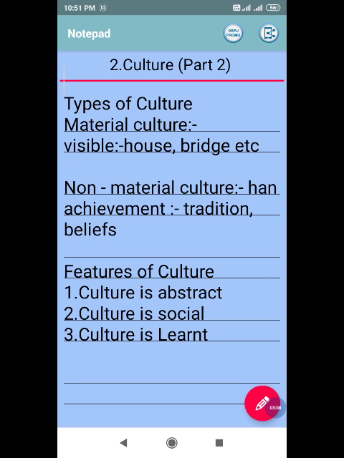Then, material culture is called civilization. Students, material culture is also called civilization. Material culture undergoes change swiftly. Non-material culture means human achievements. Already we discussed what non-material culture is. Non-material culture includes thoughts, ideas, beliefs and values.